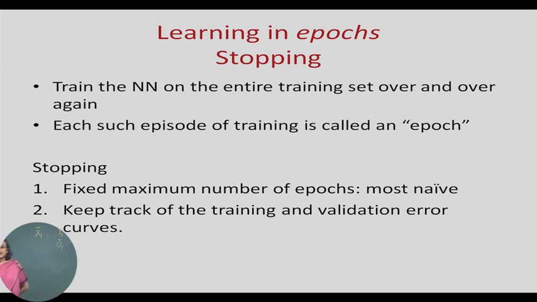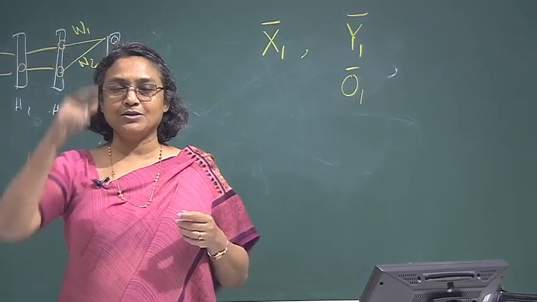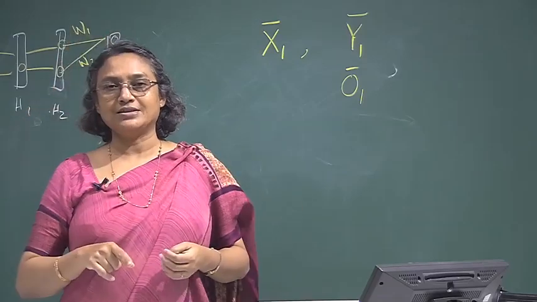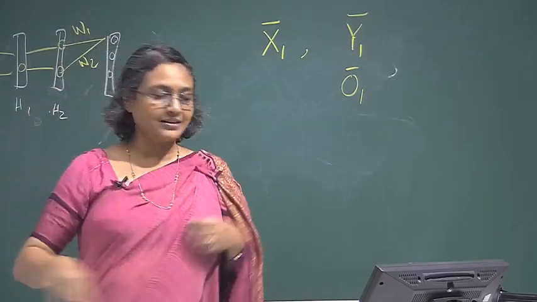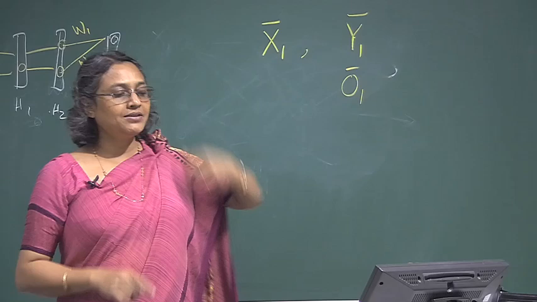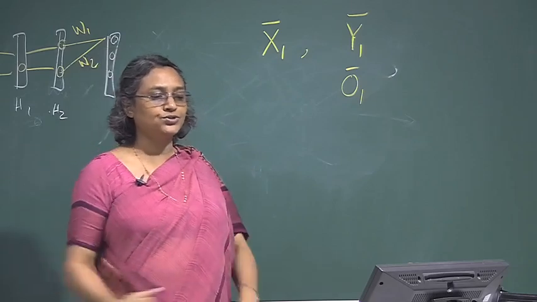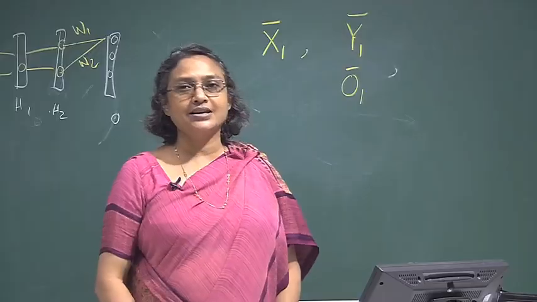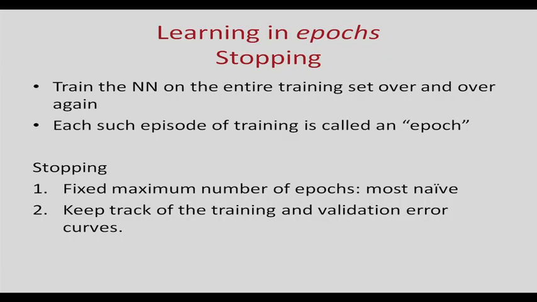Now, the entire training process can be divided into epochs. If you have a number of training examples, one epoch will look at all the training examples once, then we will have the second epoch, then the third epoch, etc. So, when you are learning in epochs, when do you stop? We keep training the neural network on the entire training set over and over again, and each pass is called an epoch.